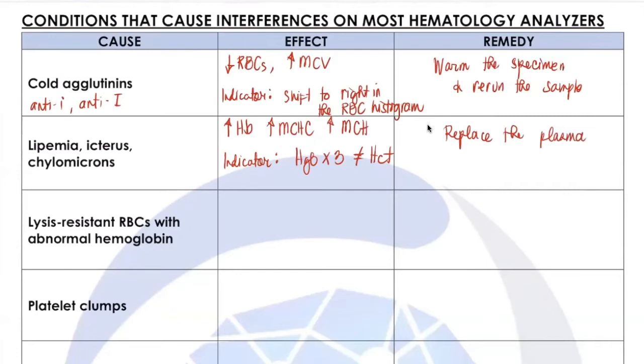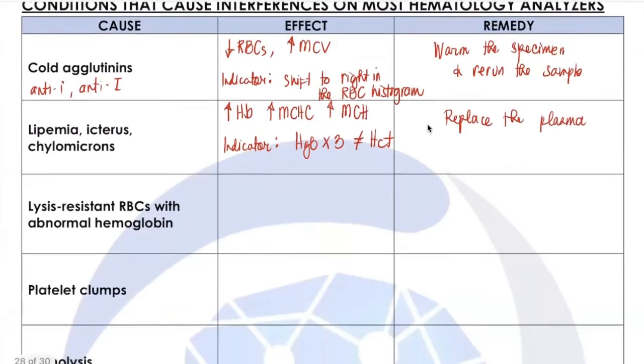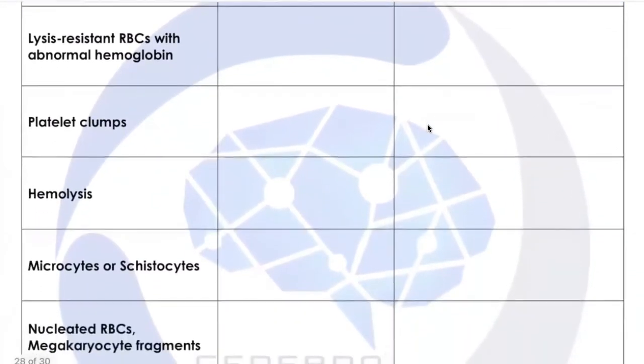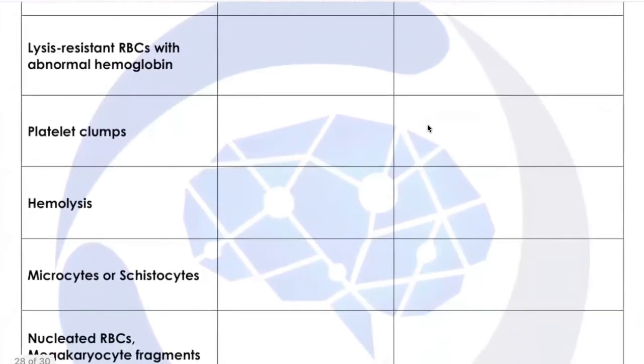Okay? Next up, we have presence of lysis-resistant red blood cells with abnormal hemoglobin. So usually, what are the abnormal hemoglobins that make the cell resistant to hemolysis? We have hemoglobin S, hemoglobin C, and hemoglobin F. So this makes our red blood cell resist lysis.